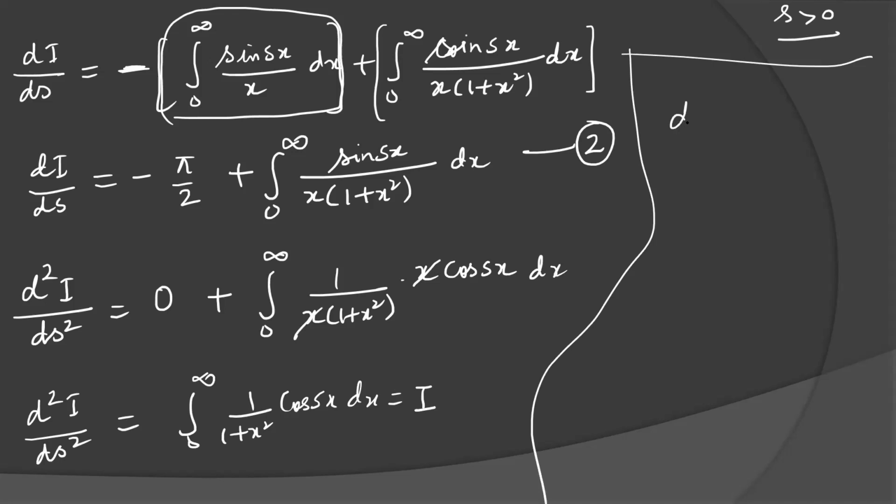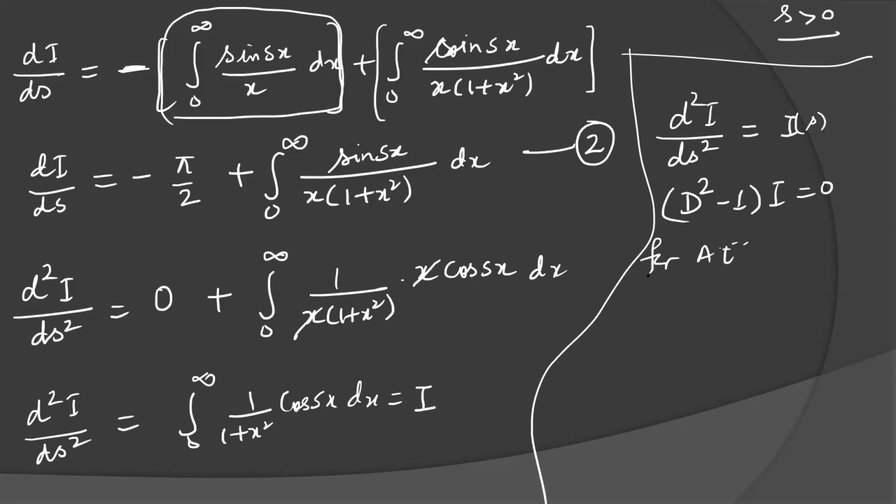So you have a second order differential equation d2I over ds2 equal to I. You can write (D square minus 1) I equal to 0. Here I is a function of s, remember. Now for the auxiliary equation, you can see that this is m square minus 1 equal to 0. So m equal to plus minus 1.